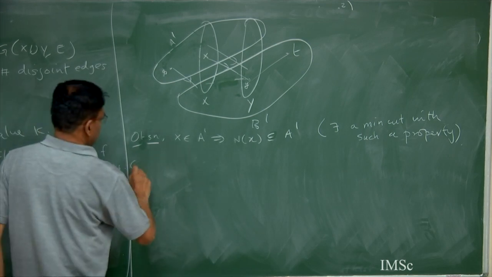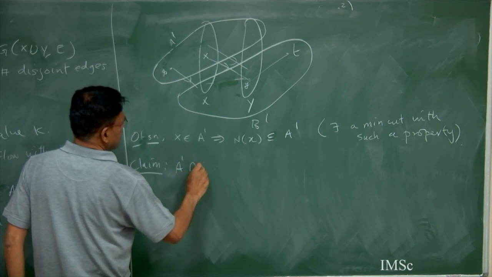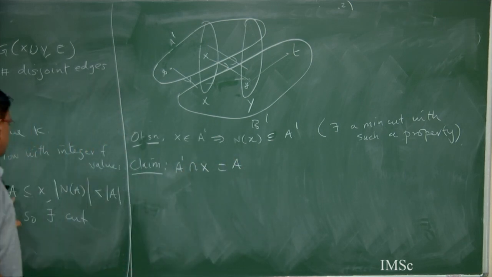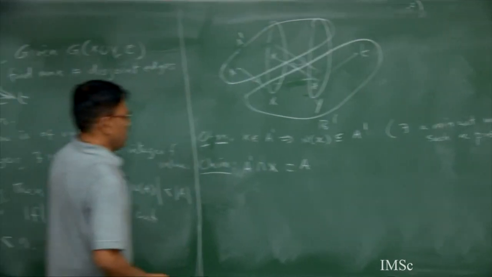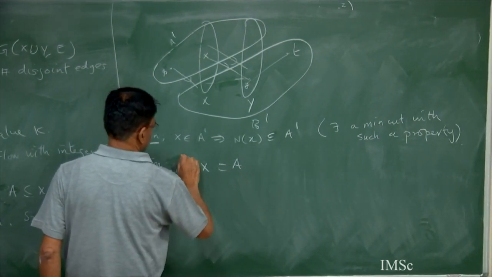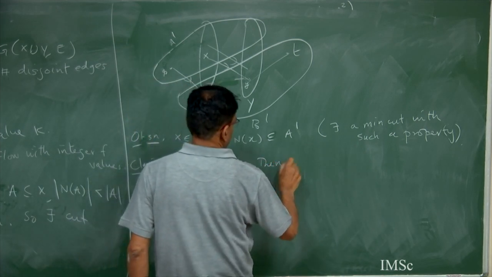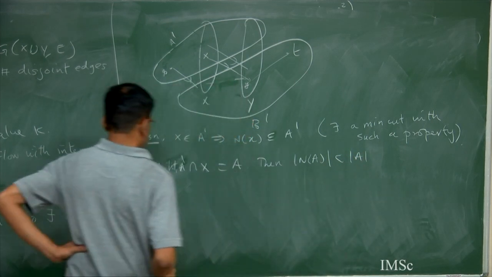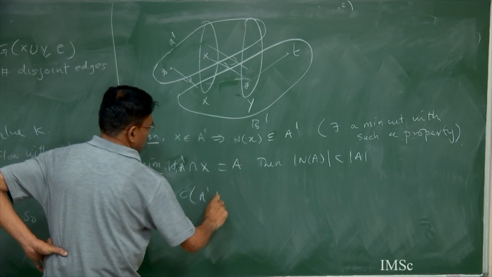So now the claim is: A prime intersection X, let's call it A, and I want to show that A has the property that its neighborhood is strictly less than A. Why? Let's see what is the cut capacity of the cut A prime, B prime.